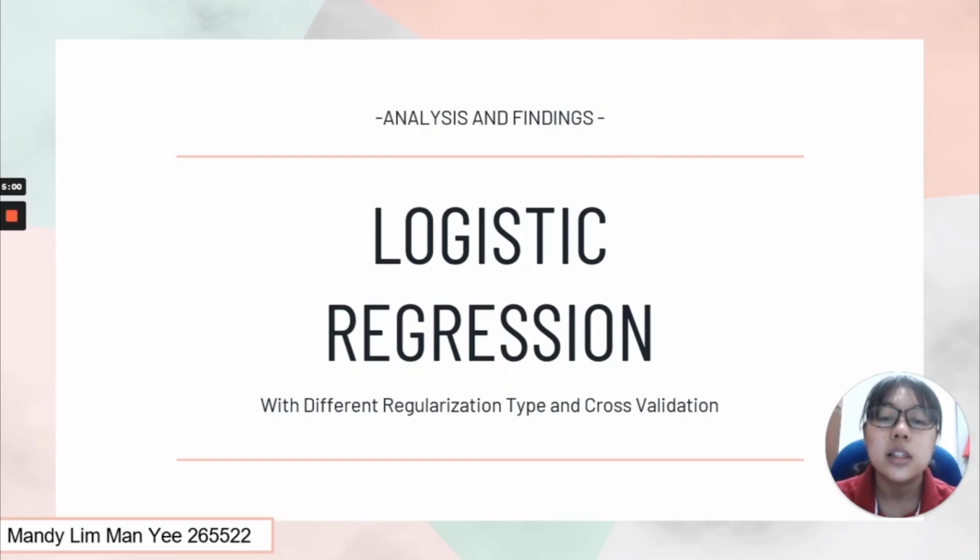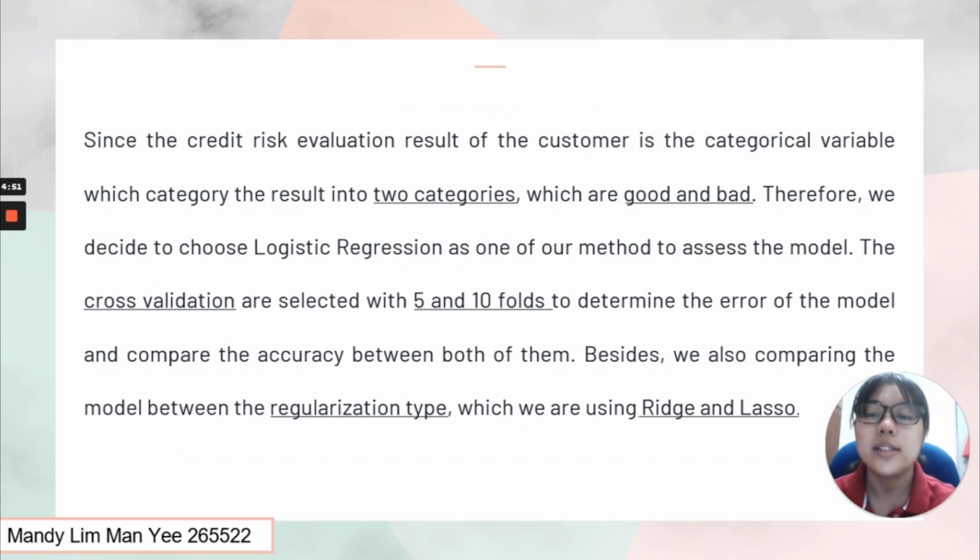Now, let us move on to logistic regression with different regularization types and also cross-validation. Since the credit risk evaluation result of the customer is a categorical variable, we decided to choose logistic regression as one of our methods to assess the model. The cross-validation is selected with 5 and 10 folds, and the regularization types are ridge and also lasso.